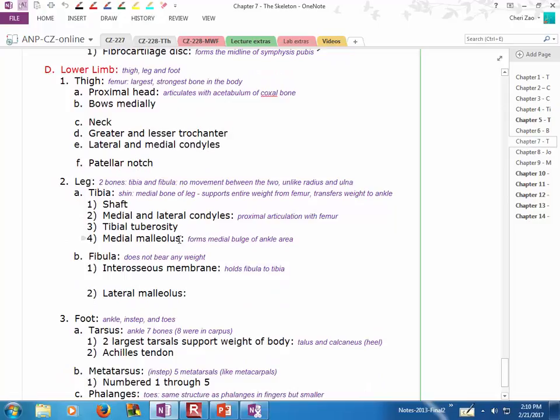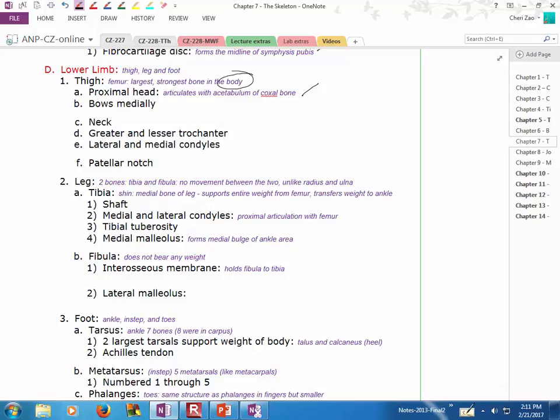Now our lower limb is going to be our thigh, our leg, and our foot. Realize similar divisions with these as we did with the upper limb or upper extremity. The femur is the strongest bone of the body. So when somebody breaks their femur, that was a lot of force that was applied to it. We have the head proximally, which articulates with the acetabulum of our pelvic girdle or coxal bone.